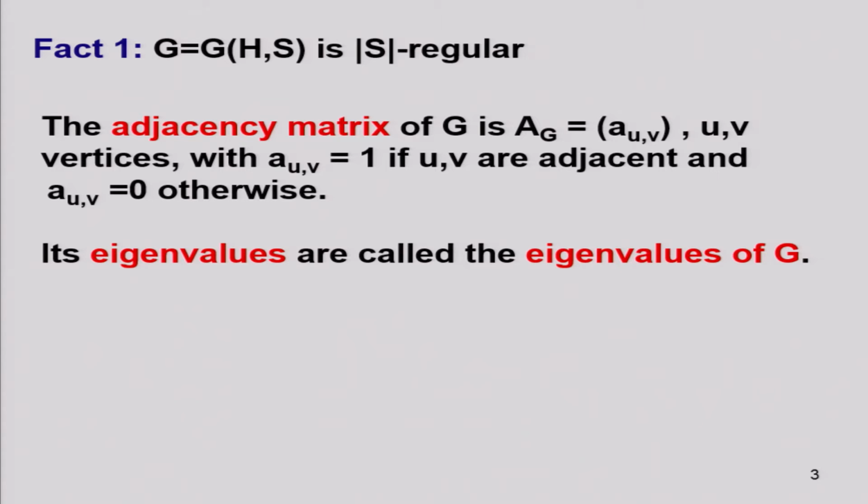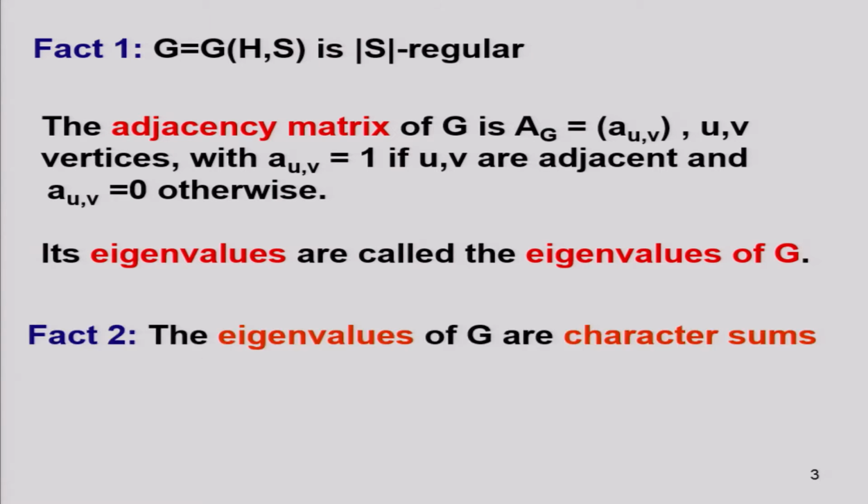And in place (u, v), we have 1 if u and v are adjacent. We have 0 if they are not adjacent. So this is a symmetric matrix. Because of this, it has real eigenvalues and an orthonormal basis of eigenvectors. And these eigenvalues, we call them the eigenvalues of G.